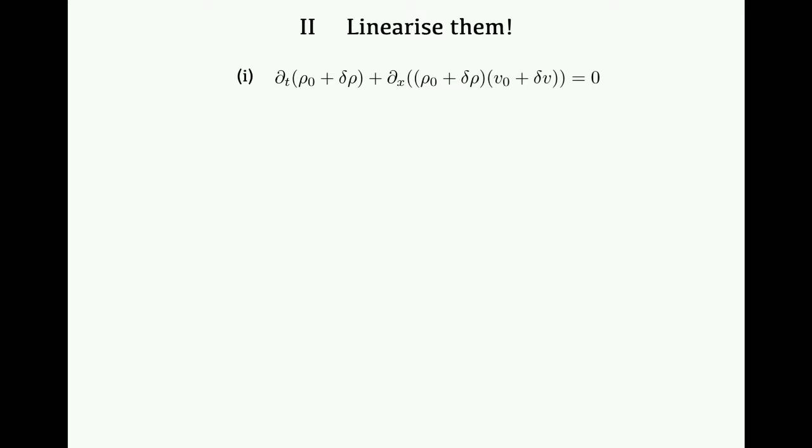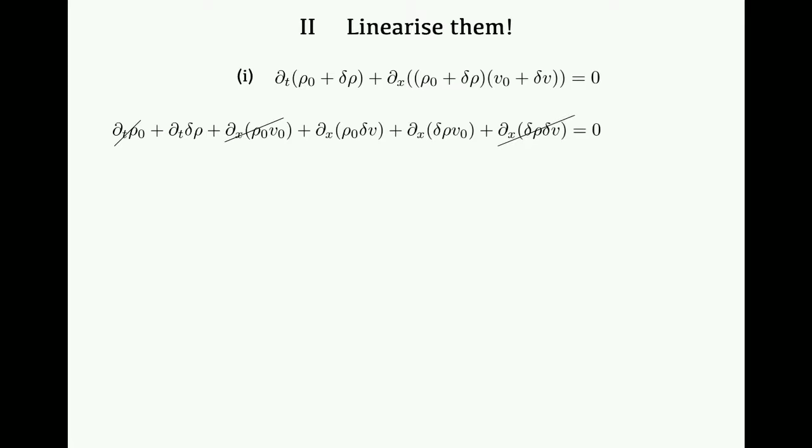Here we see what happens if we insert these expressions, and then we reformulate this, and now we can take a look at the quantities that we can cross out, which are the time derivatives of the background fields, what you can see here, and also the quadratic terms of the perturbations, because this is the linearization. And then we're left with these parts.